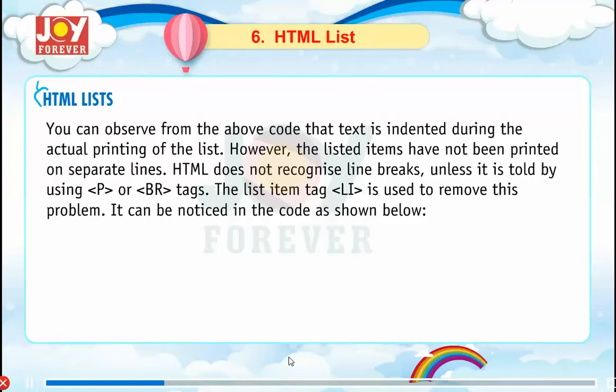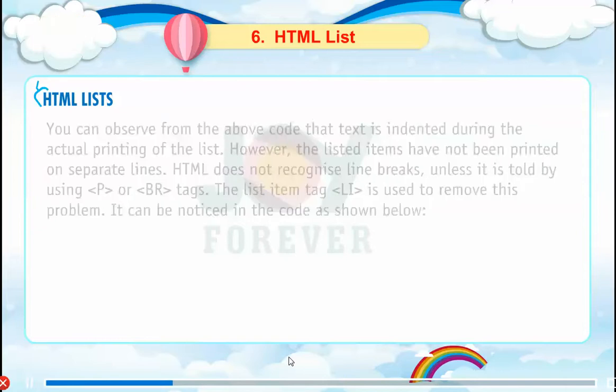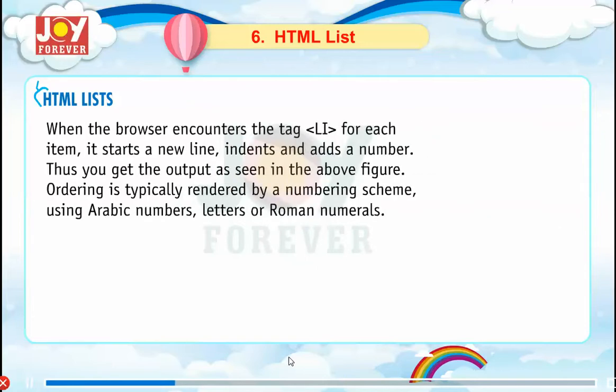The list item tag li is used to remove this problem, as shown in the code below. While the browser encounters the tag li for each item, it starts a new line, indents and adds a number. Thus, you get the output as seen in the above figure.